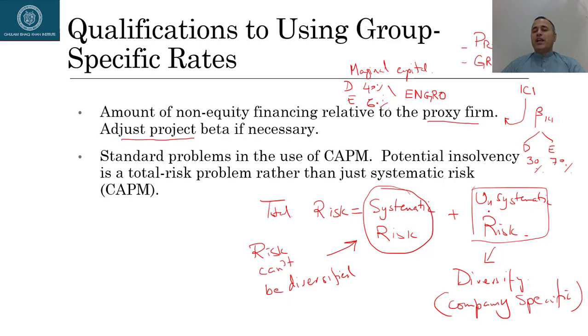For example, for airline companies, the price of oil is systematic risk; you cannot do anything about that. Or, for example, the COVID-19 pandemic. A company cannot do anything about that. It's a systematic risk, and that risk cannot be diversified.